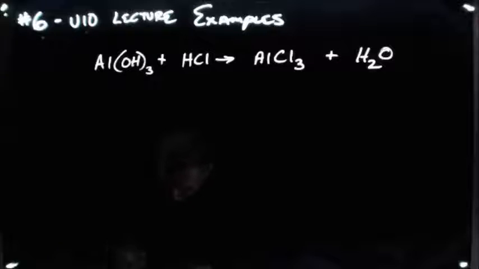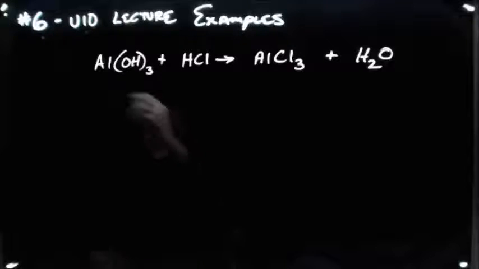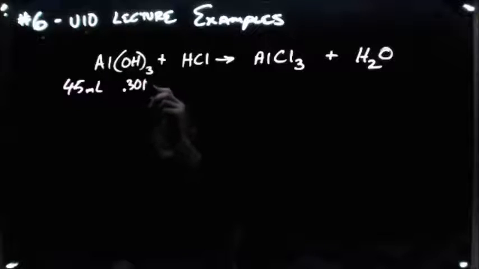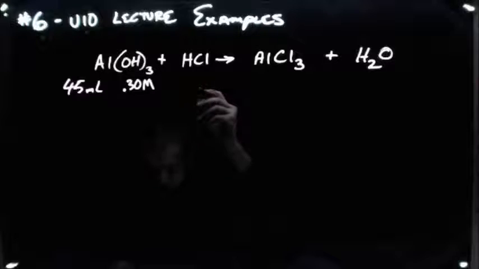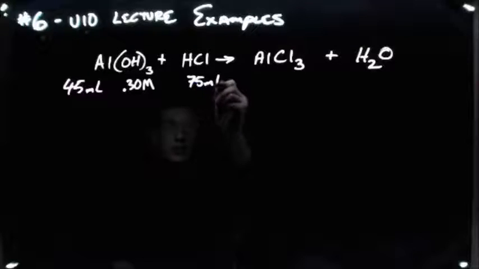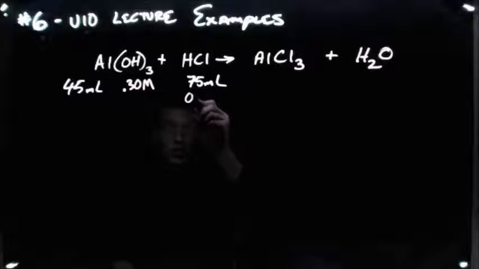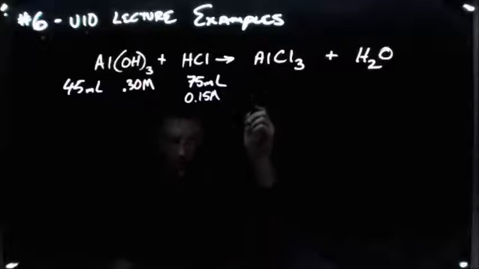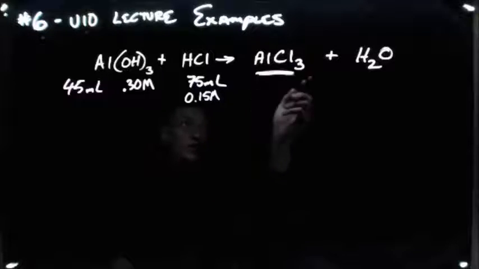So we'll start with part A, and it says if 45 milliliters of 0.30 molar aluminum hydroxide reacts with 75 milliliters of 0.15 molar HCl, how many moles of aluminum chloride are produced?